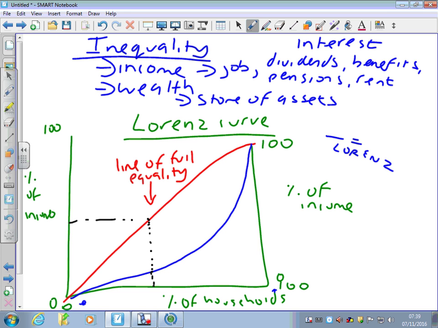If I go for my Lorenz curve, it shows that actually about 45% of the households maybe earn only 10% of the income.